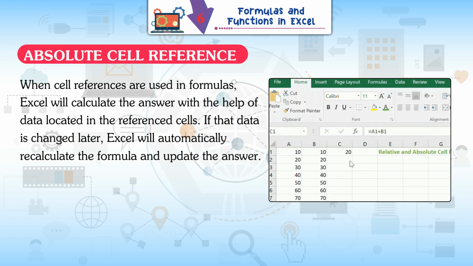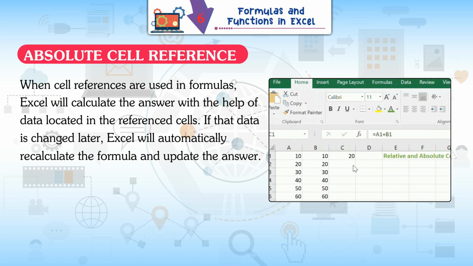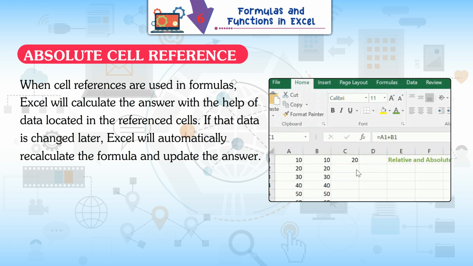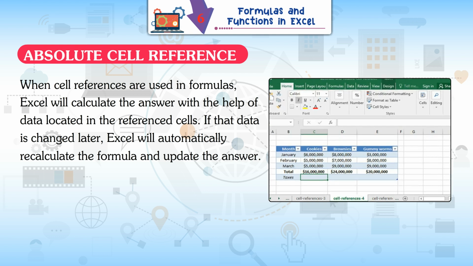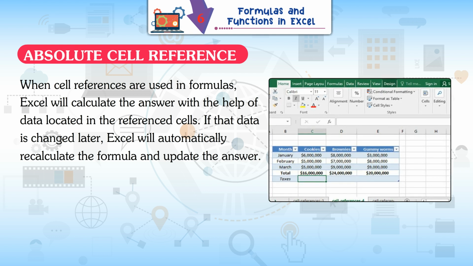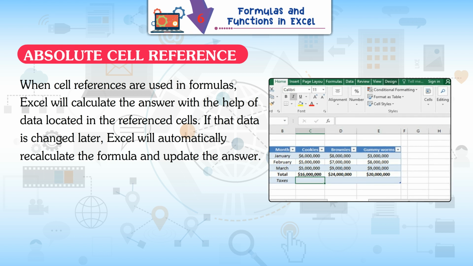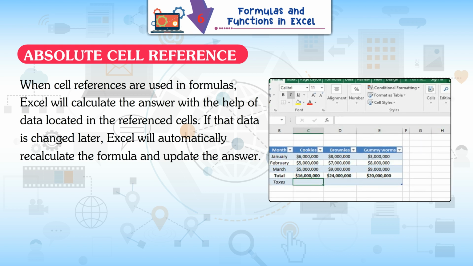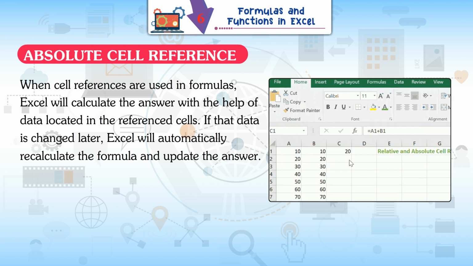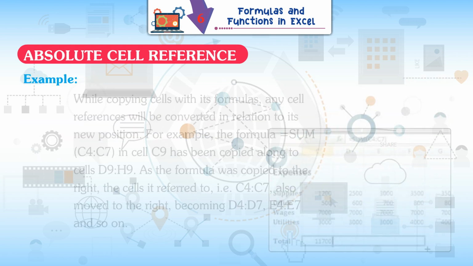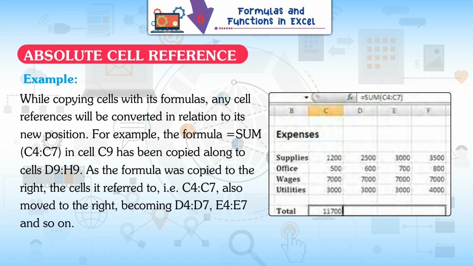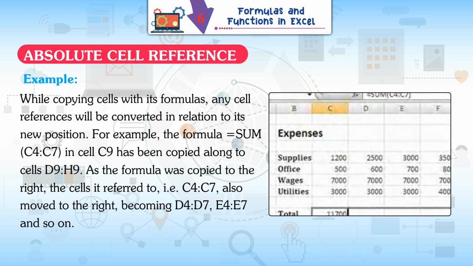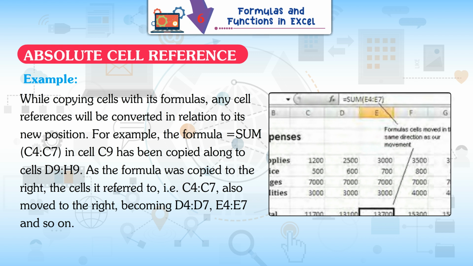Relative reference. When cell references are used in formulas, Excel will calculate the answer with the help of data located in the referenced cells. If that data is changed later, Excel will automatically recalculate the formula and update the answer. Example. While copying cells with its formulas, any cell references will be converted in relation to its new position.